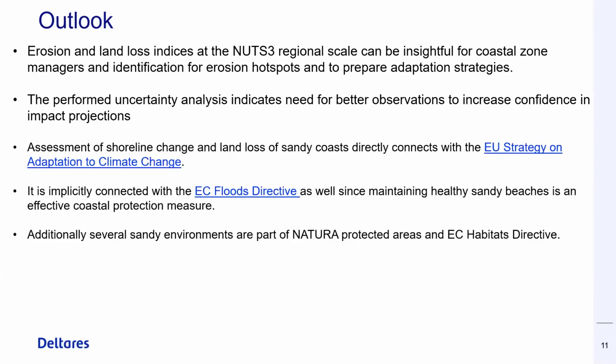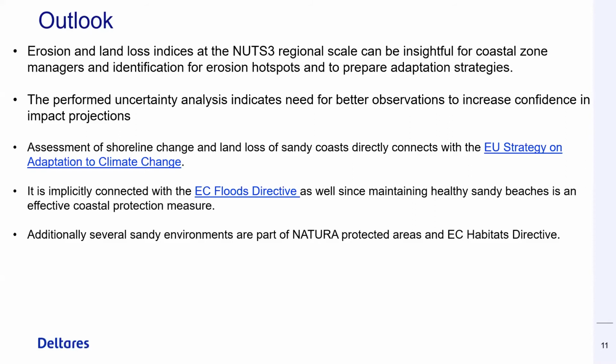For this study, we're collaborating quite a lot with JRC, and all of this information can directly relate to the EU strategy on adaptation to climate change. Furthermore, our sandy beaches are the first buffer layer and protection layer against coastal flooding as well.